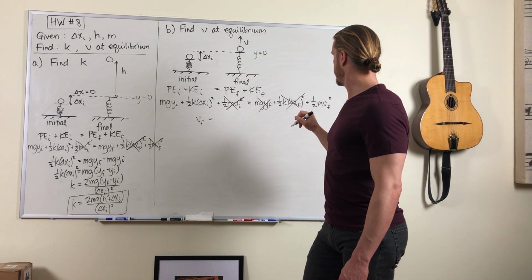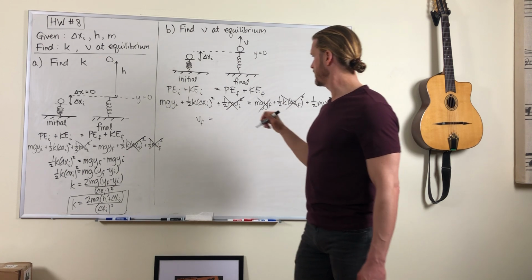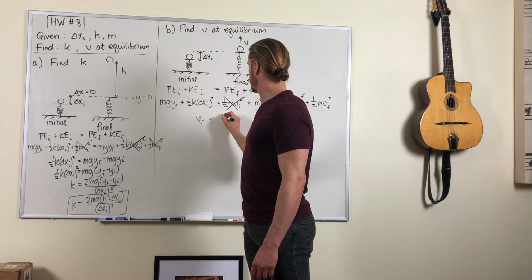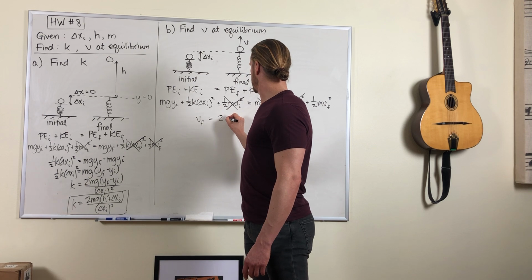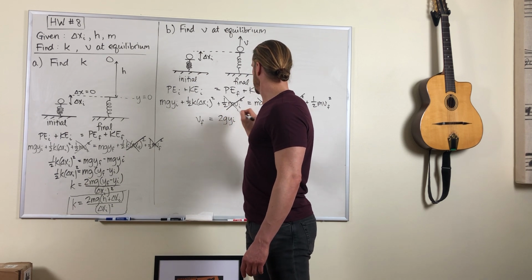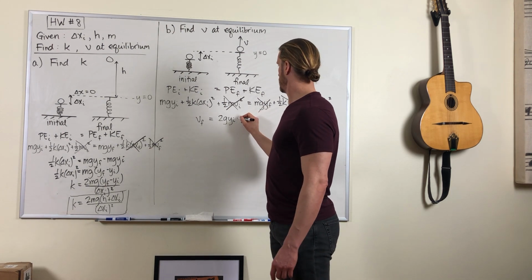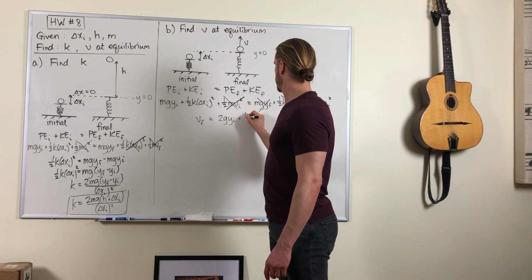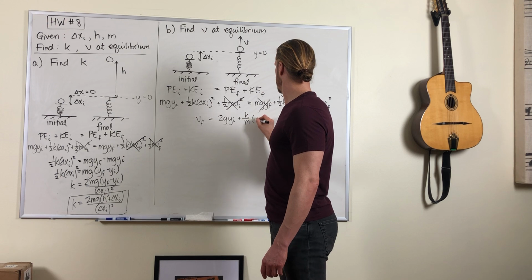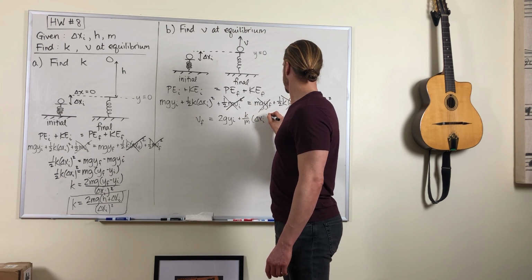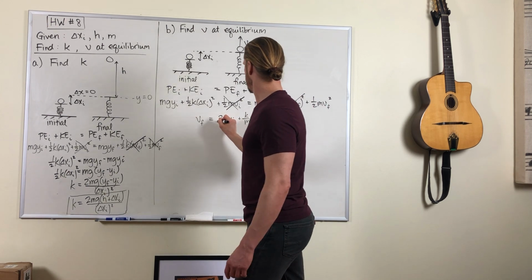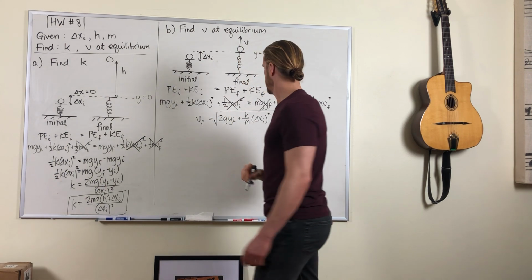We'll multiply by 2 over m, or divide by 1/2 m. So we have the square root of 2 g y initial plus k over m delta x initial squared, and all of that gets square rooted.